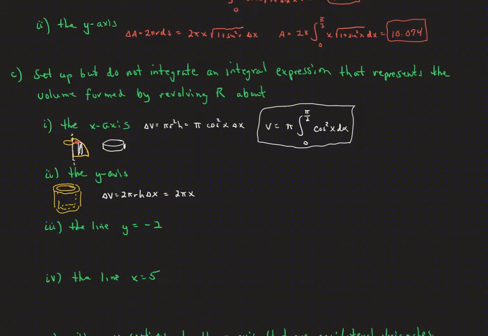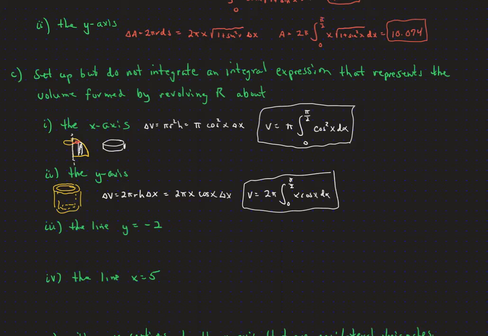And our height is going to be the function, that's going to be the cosine of x. And then we'll have our delta x, that thickness of the shell. So our volume is going to be 2 pi, integral again, 0 to pi over 2 of x cosine x dx.